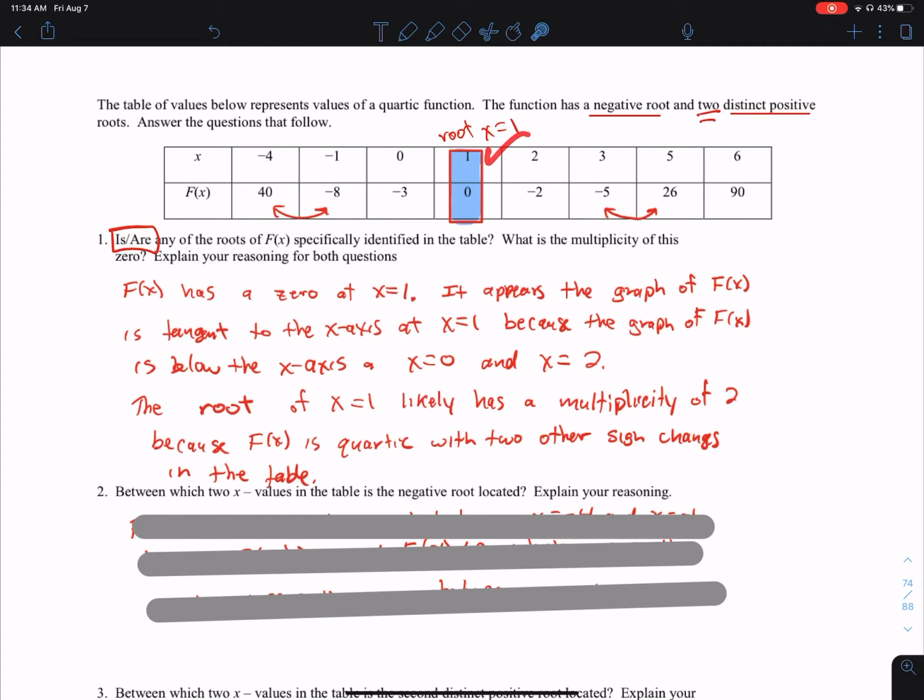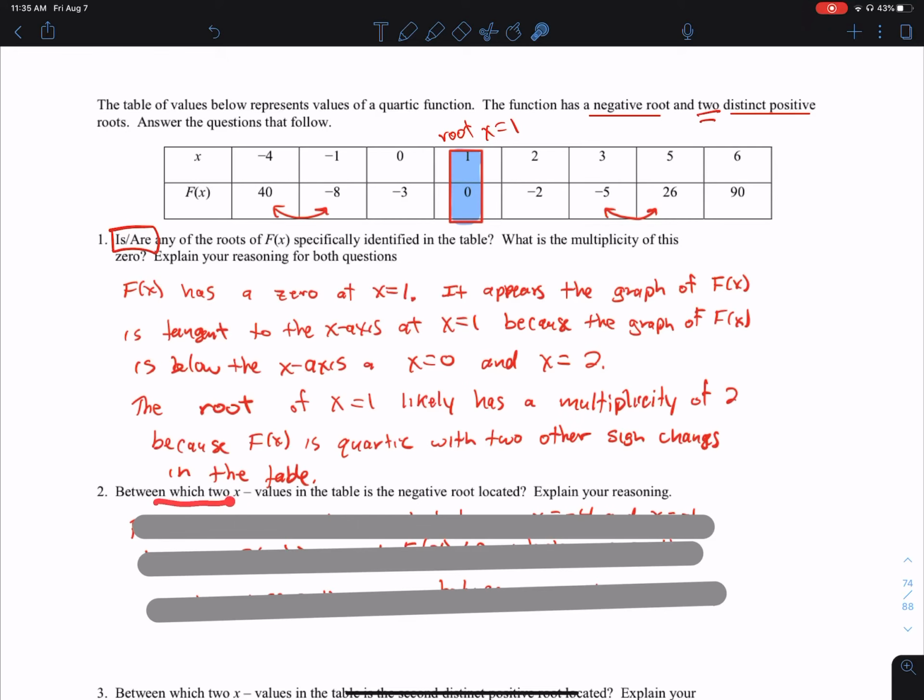So if this one's 2, because it appears to be even, because it looks like it's tangent, and each of these are 1, 2 plus 1 plus 1 is 4. That's why we're saying that it's likely to be 2. Now, this multiplicity couldn't be a bigger even number. It couldn't be 4, because then we would have 5, 6. It's too many. So its multiplicity is going to be 2.